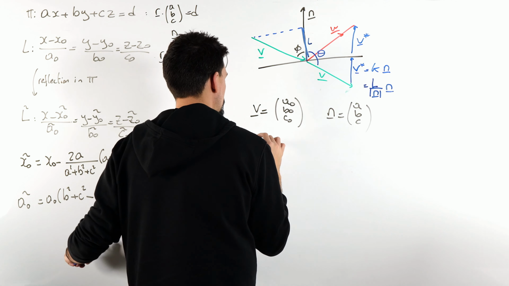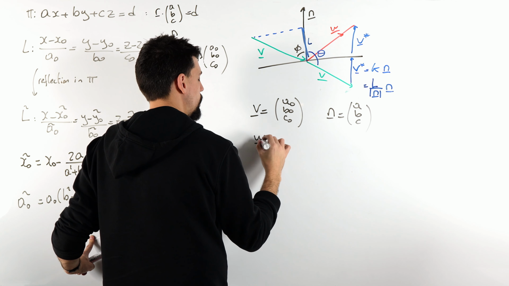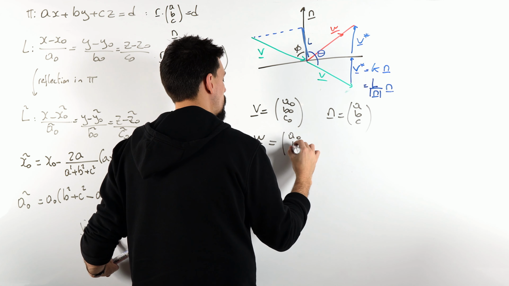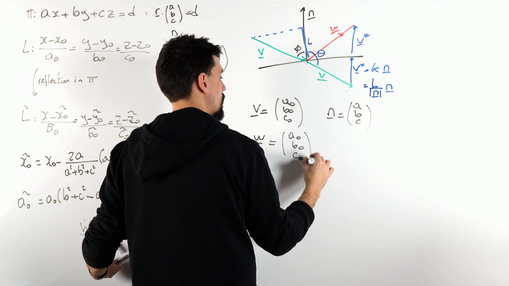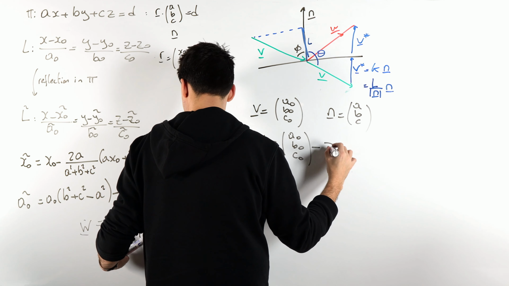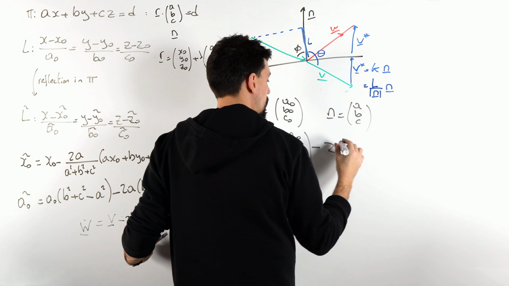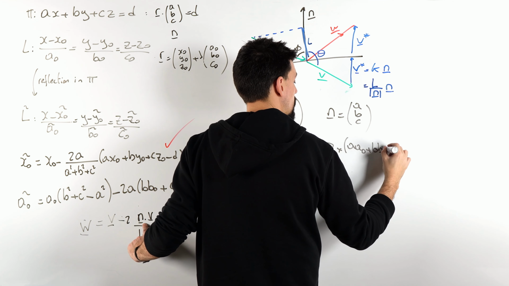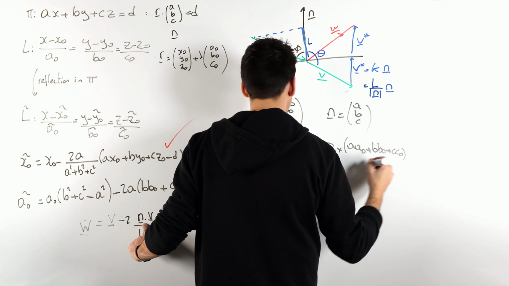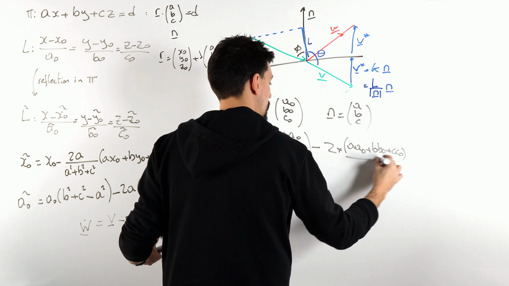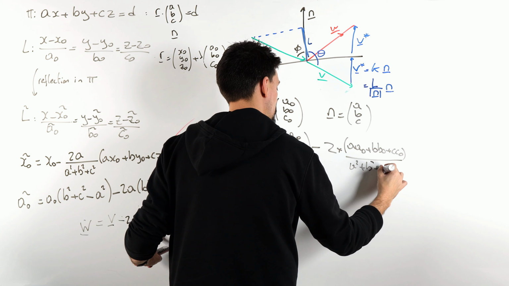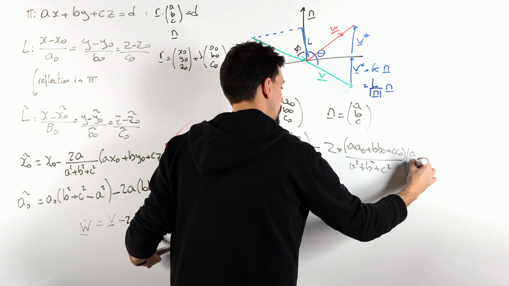So my reflected vector, and I'm just going to call it w for now, we'll play around with that in a second, is my original vector a0, b0, c0, minus 2 times n dot v, a a0 plus b b0 plus c c0, over a squared plus b squared plus c squared, times a, b, c.